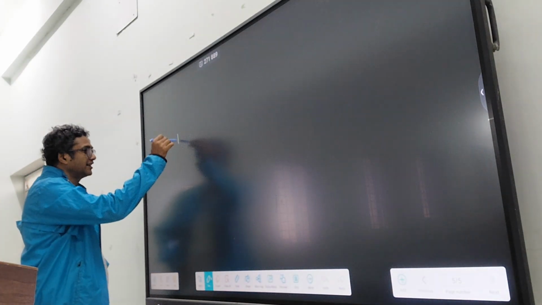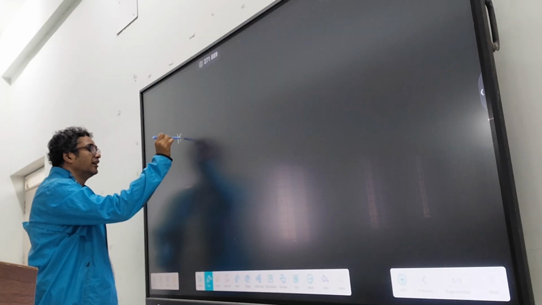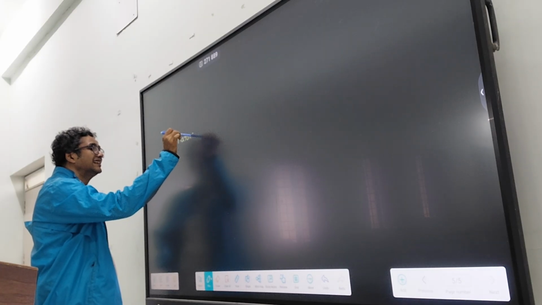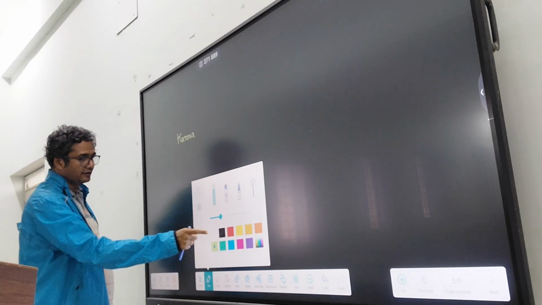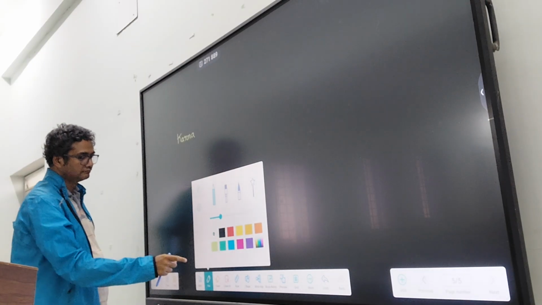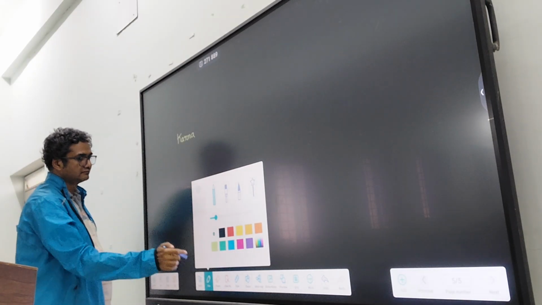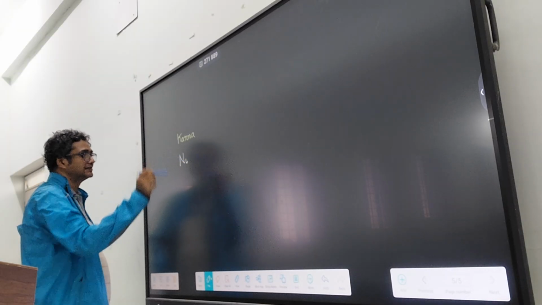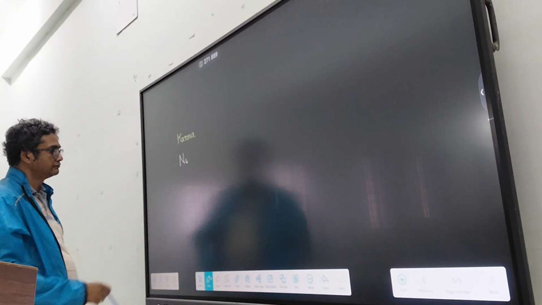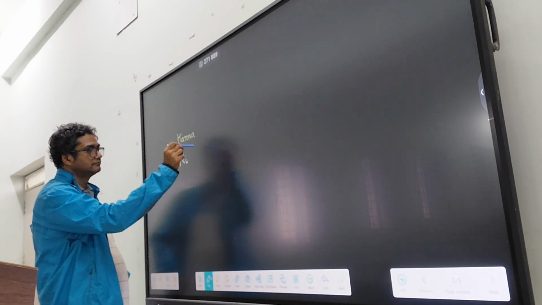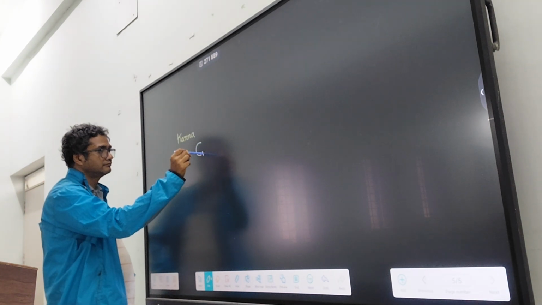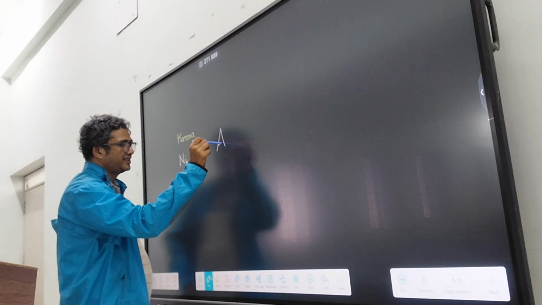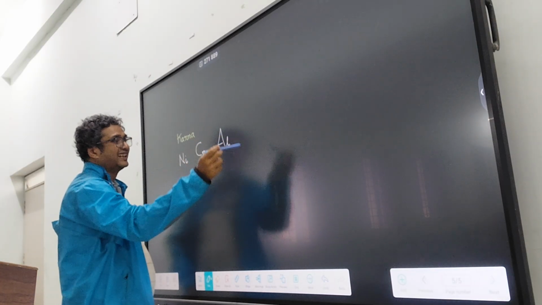So we are talking about the karma. It is consisting of nickel, chromium, aluminum.